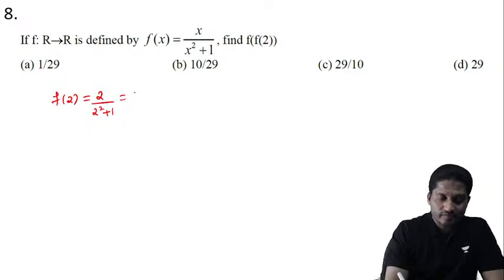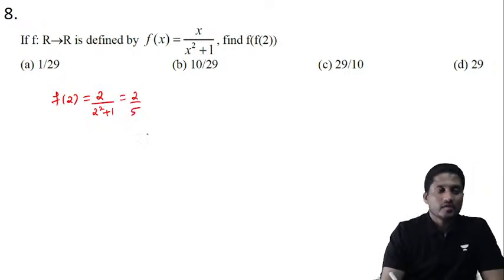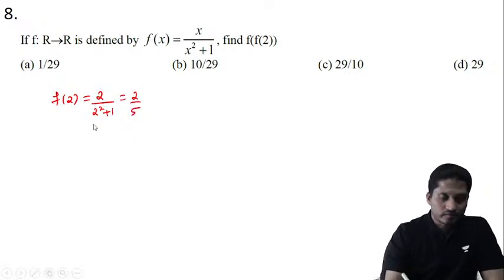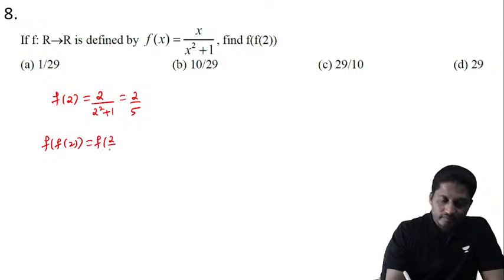Which is 2 by 5. f of f of 2 will be equal to f of 2 by 5, right? Which is equal to 2 by 5 divided by (2 by 5) the whole square plus 1.